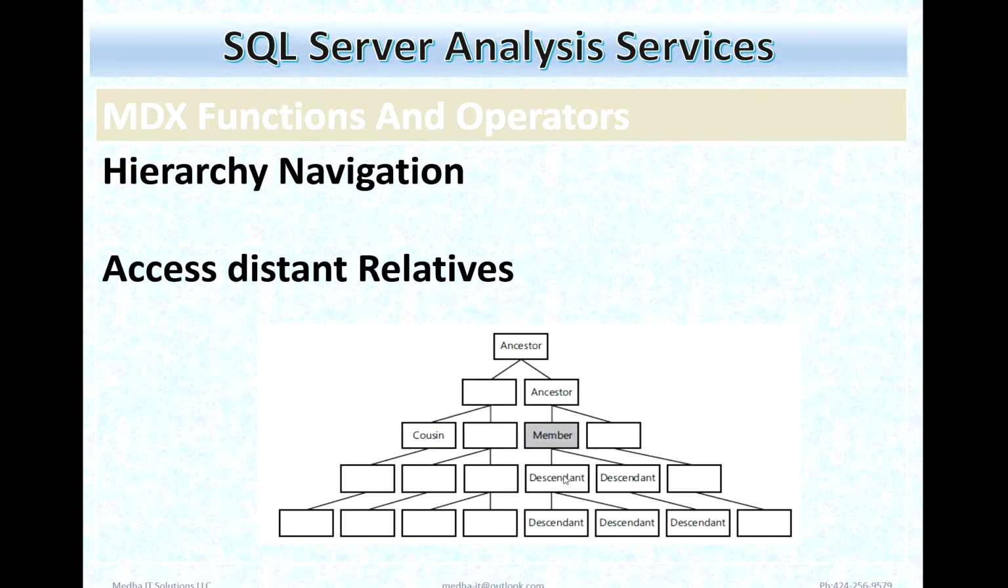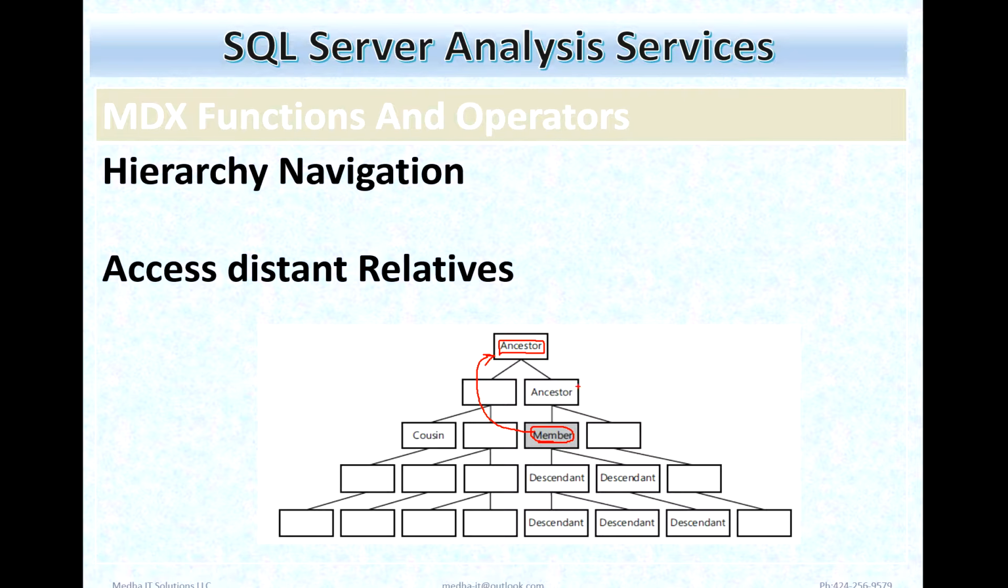For example, if this is the current member, and I say I want to access my ancestor at the second level, relative position, it can go and access this ancestor, and you will get only this ancestor member.